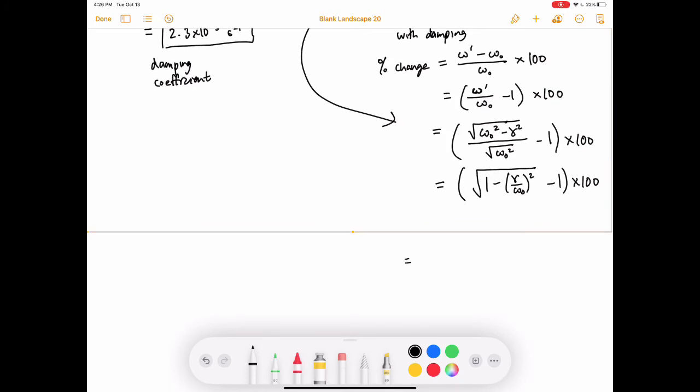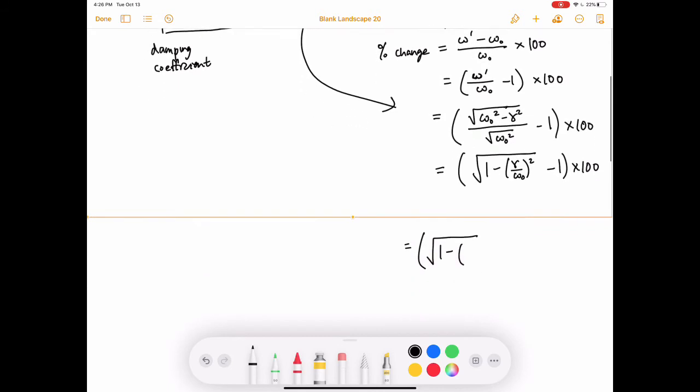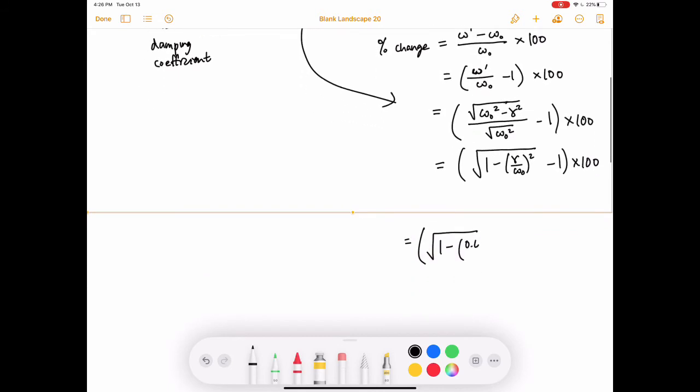So, okay, let's put in what we know. We have the square root of 1 minus, okay, gamma, if we go over here, was 0.00231 inverse seconds with 2 sig figs on that.